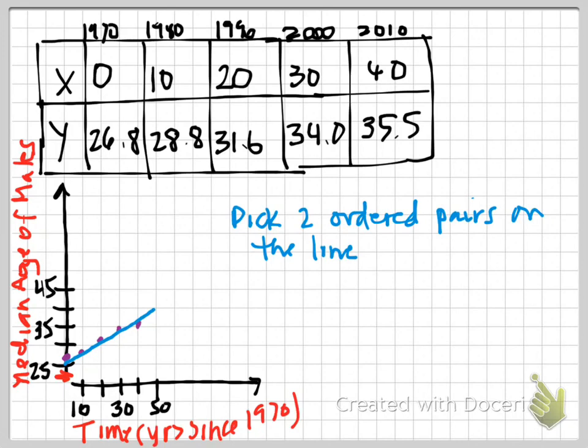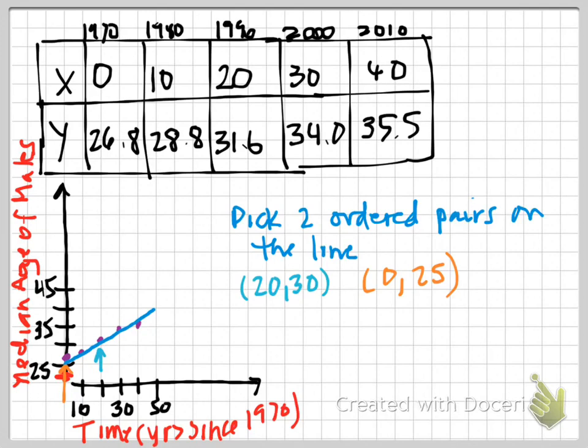So for example, this point looks pretty much on the mark of 20 and 30. And then we can also take this point, which looks to be 0, 25.